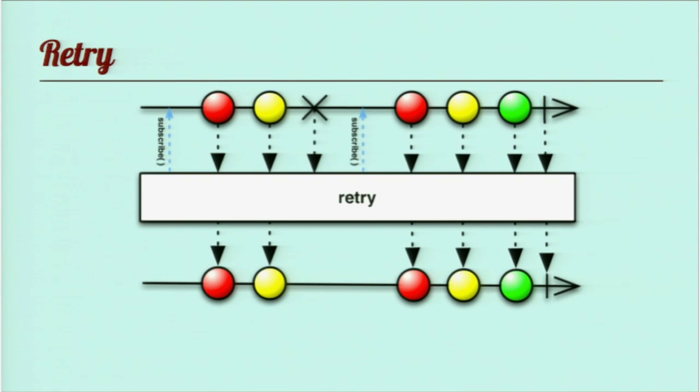So when you use retry and you chain retry to an input observable, and there is an exception that is raised, then what retry will do is prevent the propagation of this exception to the resulting observable, and instead it will resubscribe. So remember when at the beginning I described the API, you have an observable and you have to subscribe to it at the end to describe how you consume the final form of your data.